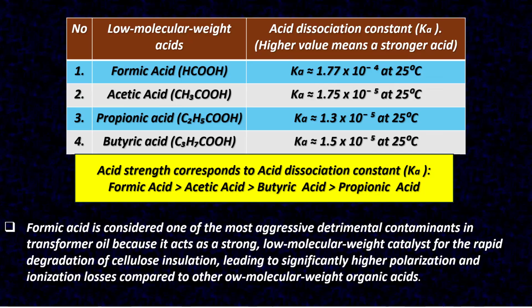Formic acid is considered one of the most aggressive detrimental contaminants in transformer oil because it acts as a strong low molecular weight catalyst for the rapid degradation of cellulose insulation, leading to significantly higher polarization and ionization losses compared to other low molecular weight organic acids.